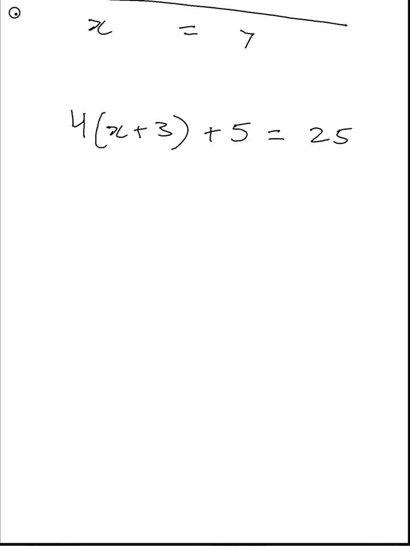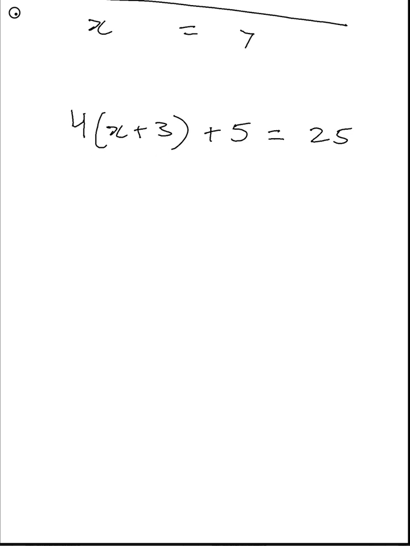Recall that we learned about PEMDAS a couple videos ago, where you keep the parentheses and do operations with that first. One thing you can do is you can either use the distributive property, or you can just leave the stuff inside the parentheses for last. So I'm going to show you both solutions to this before we end the video.